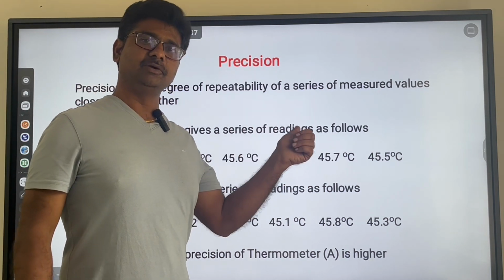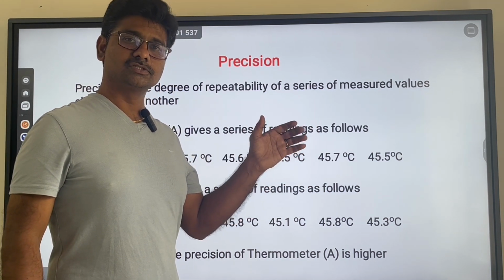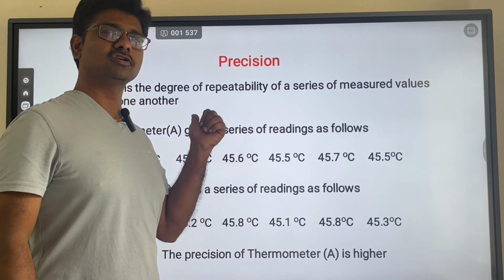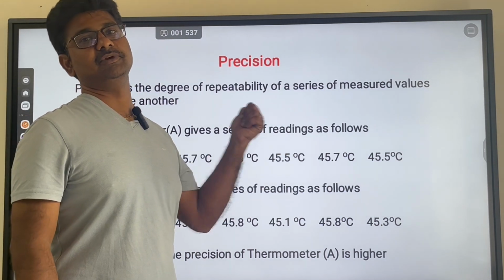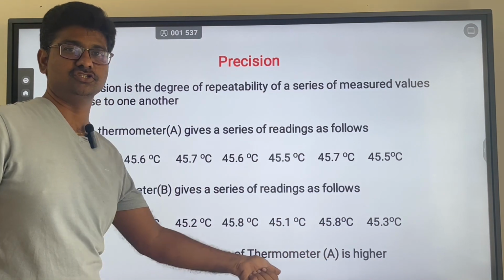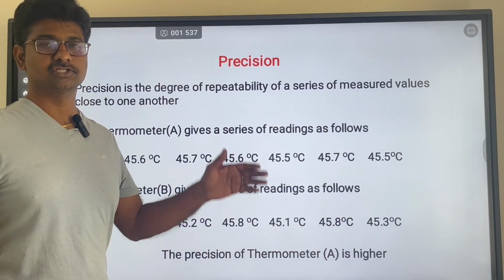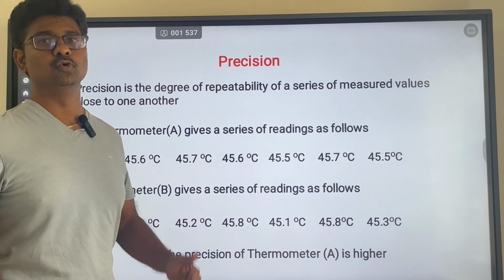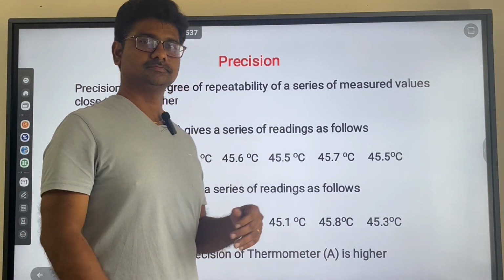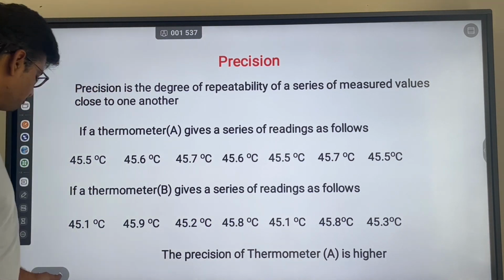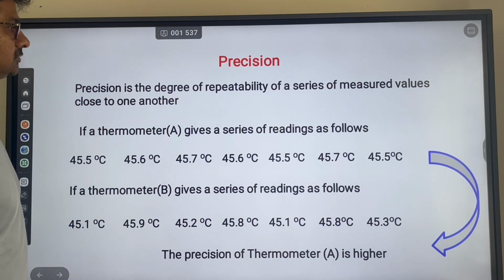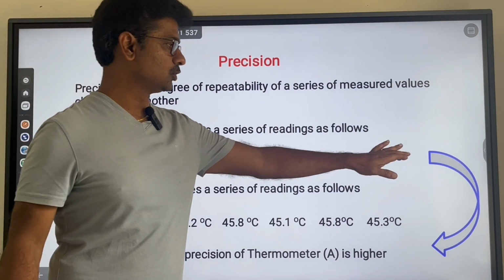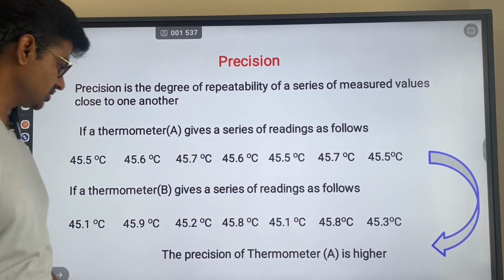The values that you measure with the same measuring instrument are not changing rapidly here, but here they are changing. That's why thermometer A has more precision. You can see these values are closer, so therefore the precision is higher.